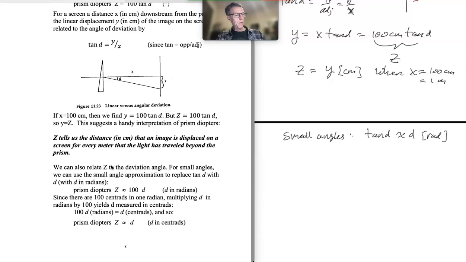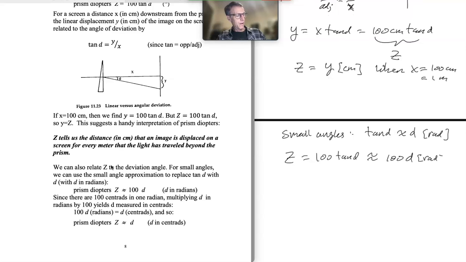And so that means we can simplify things a little bit. We have that z is 100 tan d, but in a small angle situation, we can just write that as 100 times d. Again, d is measured in radians. And if d is in radians and we multiply it by 100, we've just converted that value into centrads.